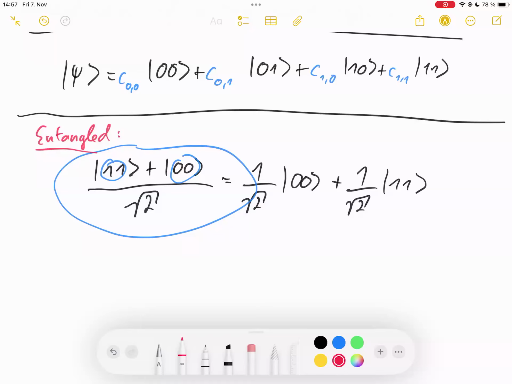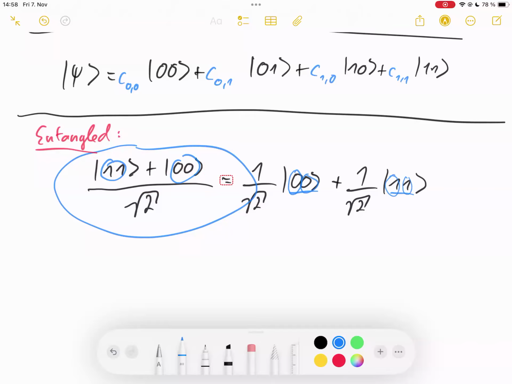And this here would actually refer to two qubits that are entangled because I have this 0, 0 and a 1, 1 only. So if I measure the first qubit and it turns out to be in 0, then I know the other qubit must be in 0 as well. And if I measure the first qubit and it turns out to be in 1, then I know that the other one is in 1 as well.